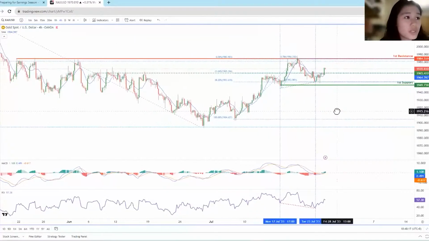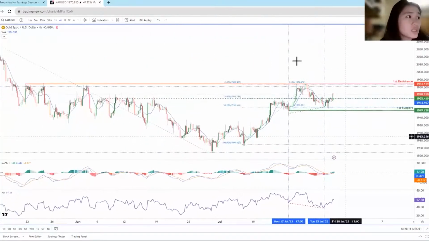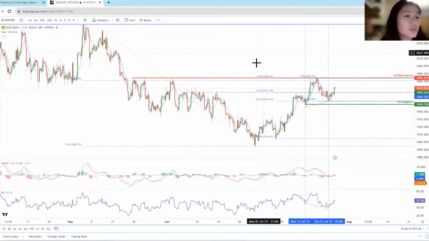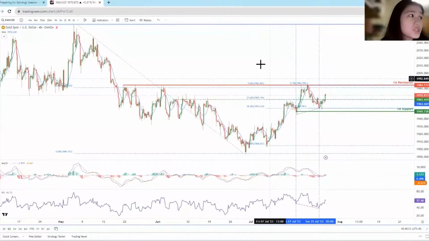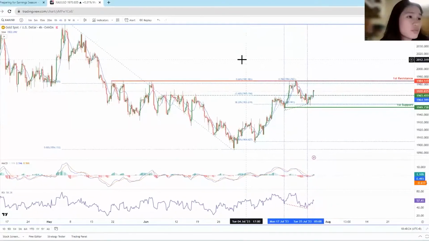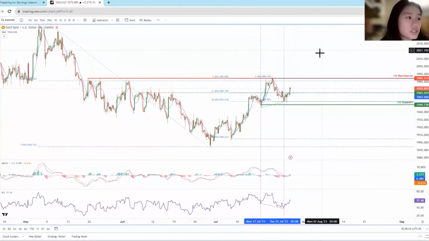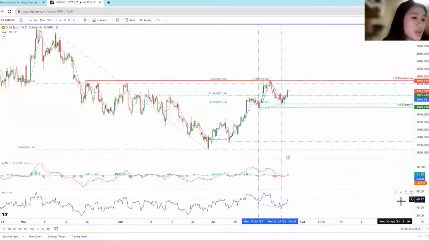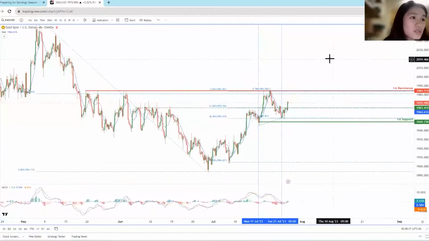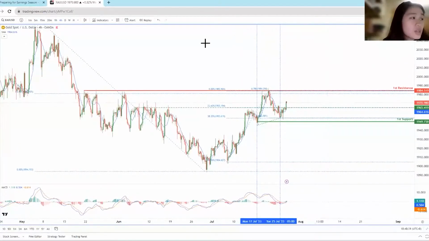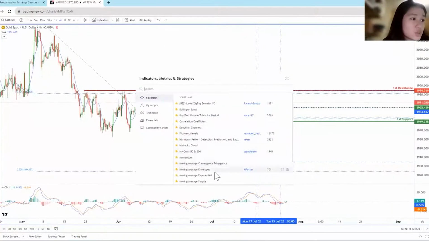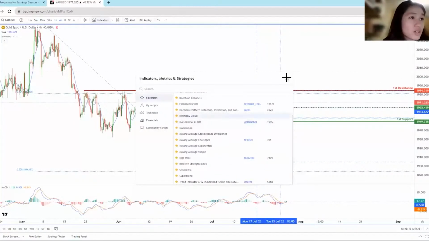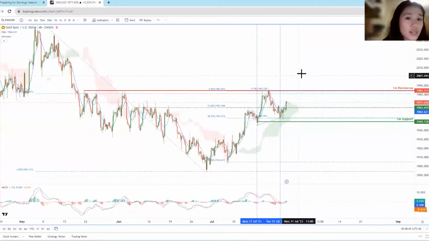Because of all the upward pressure we've seen on the daily and weekly timeframes, prices are pretty bullish, and we normally like to follow the general direction of price. And on our SMA, we can see price is bullish, on our MACD as well. But our RSI doesn't support our analysis, so I'll just remove that. And then we can also keep an eye out on our Ichimoku indicator as well, because it does look like price is breaking out over here.